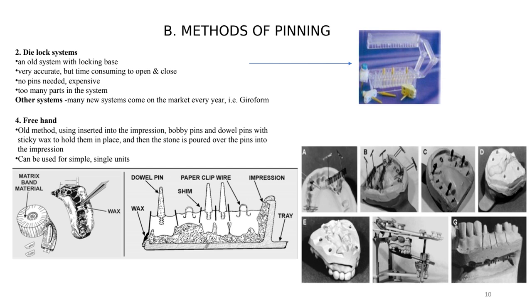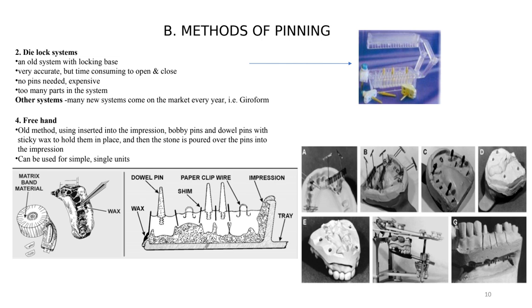Freehand, it's an old method of inserting bobby pins and dowel pins into the impression with sticky wax to hold them in place, and then the stone is poured over the pins into the impression. It can be used for single units or very simple cases again. It's not very accurate. Why?